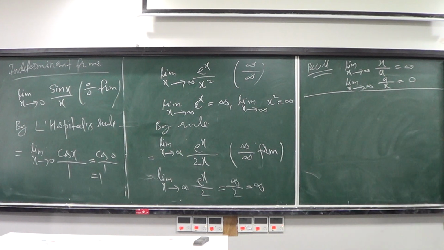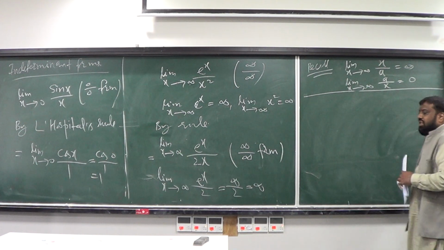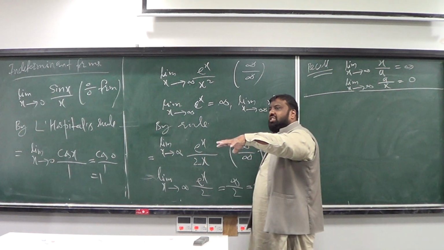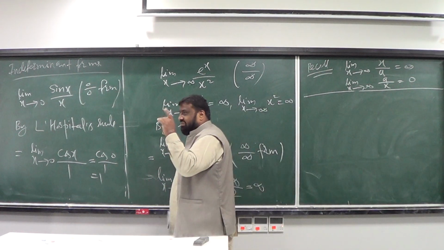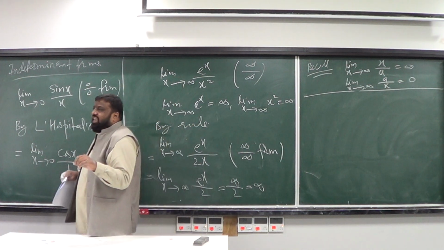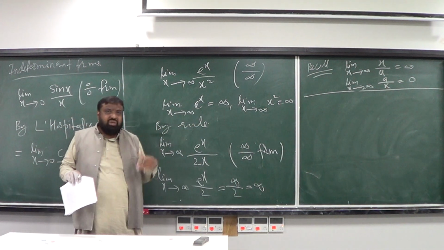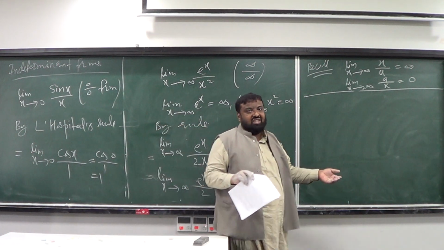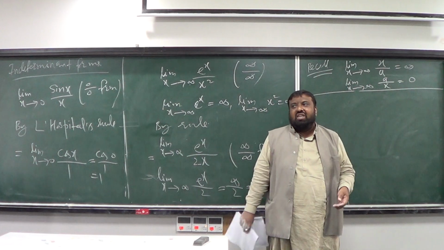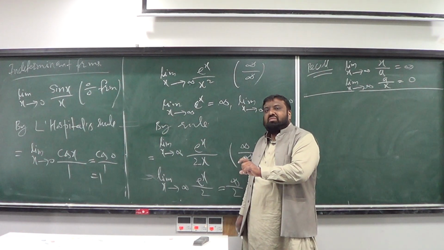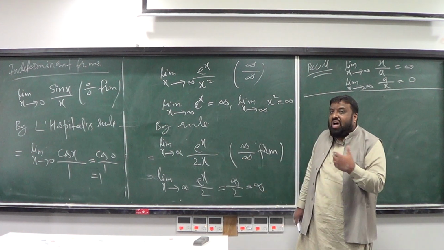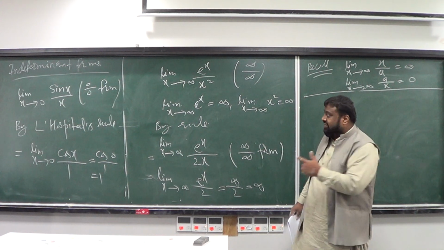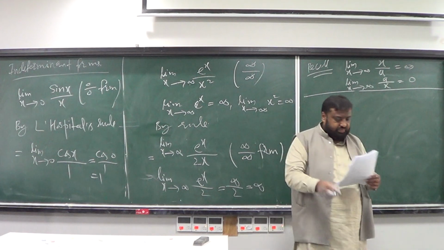So if the infinity is in the numerator, the fraction is infinity, and if your denominator is growing more and more towards infinity, then the fraction goes to 0. But you can't have infinity over infinity, both in the numerator and denominator. Then you have to apply the L'Hopital rule.